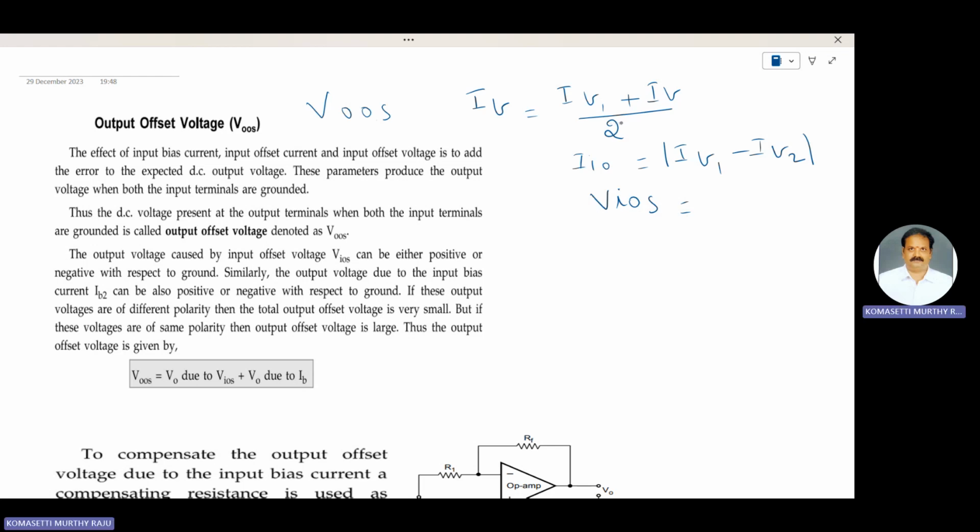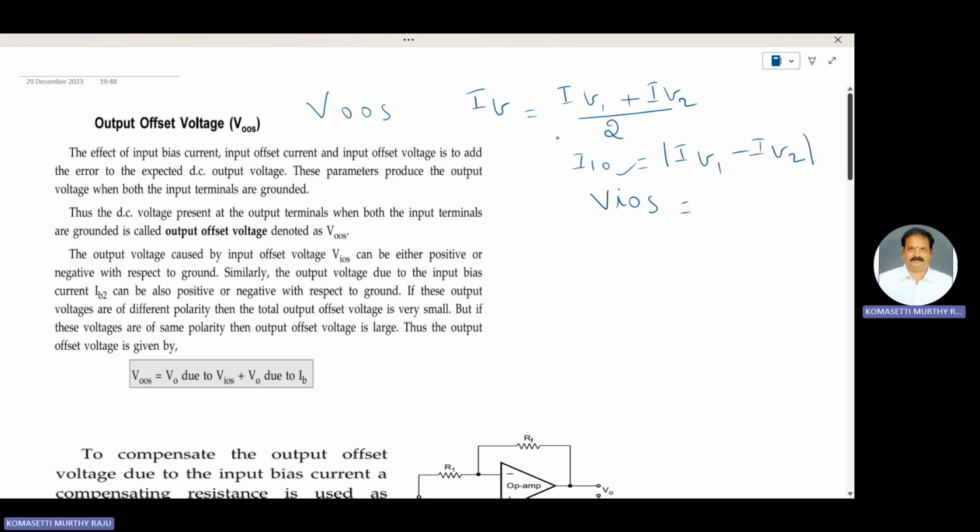The algebraic difference between the currents into the inverting and non-inverting terminals is referred to as input offset current. Input bias current IB is the average of the currents that flow into the inverting and non-inverting input terminals of the op-amp, that is (IB1 + IB2)/2.